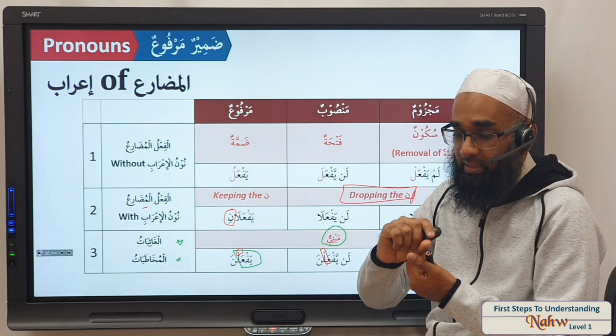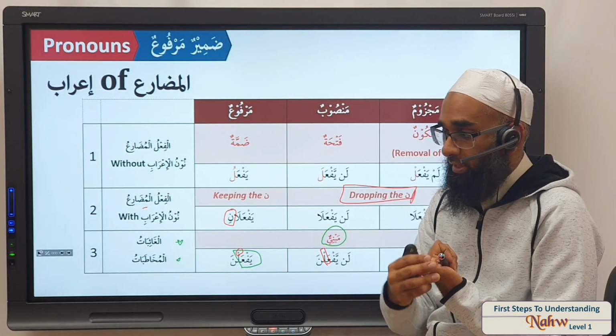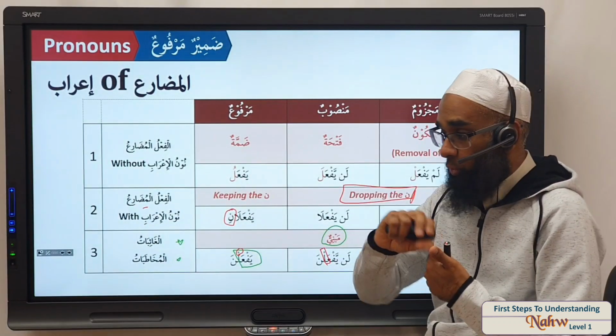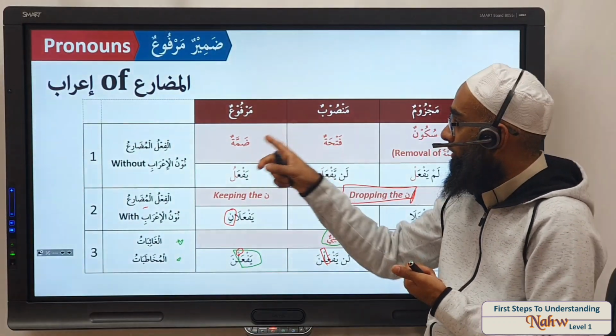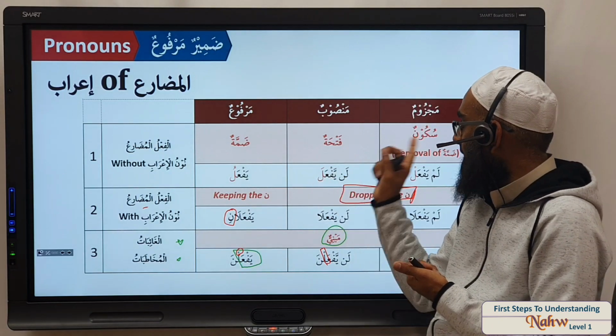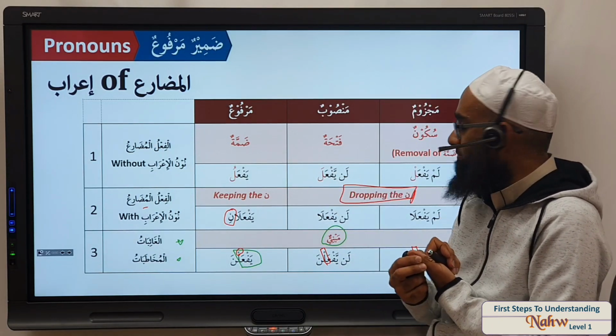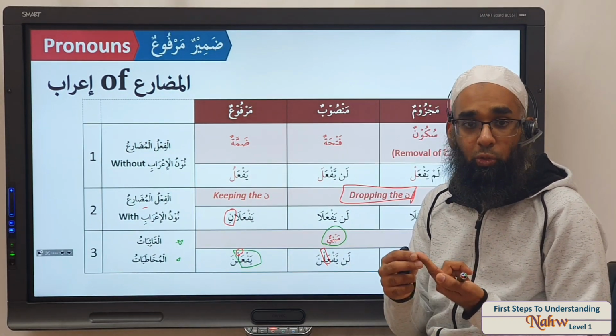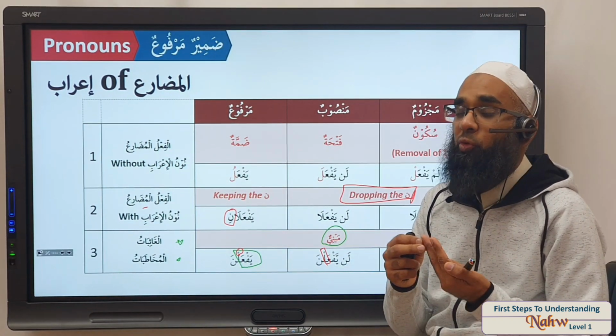The 14 sighas, we can divide them into 3 categories. Category number 1, no noonul i'rab. When it's marfu', dhamma, mansoob, fatha, majzoom, remove the dhamma, it becomes sukoon. The second type are those fi'l mudari which have noonul i'rab. When they're marfu', what do they have?